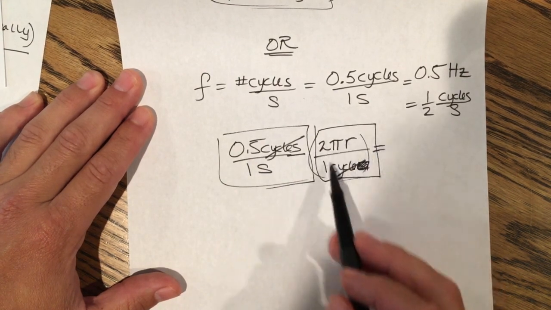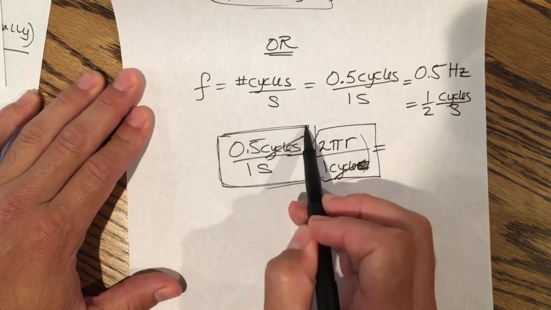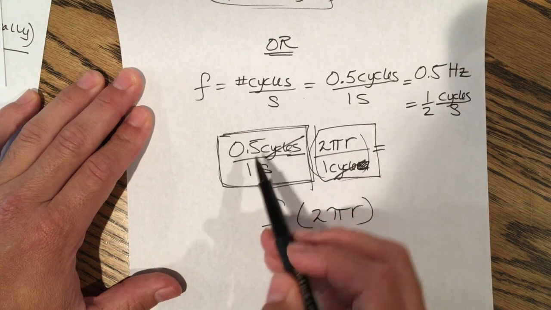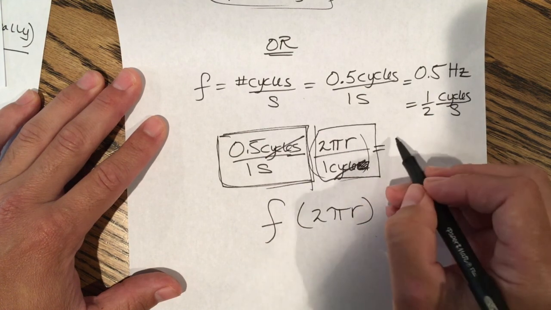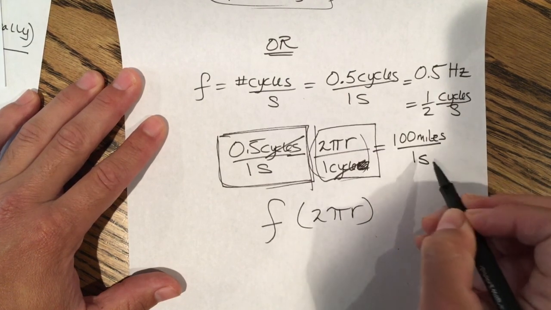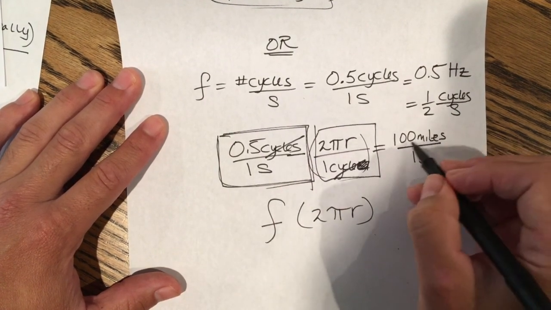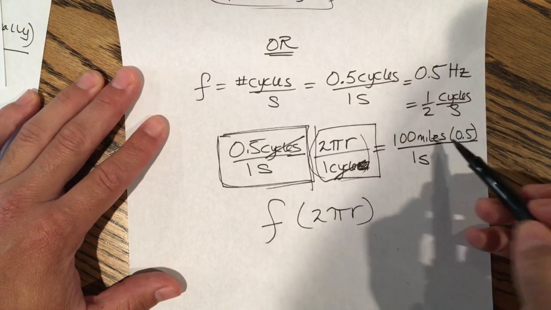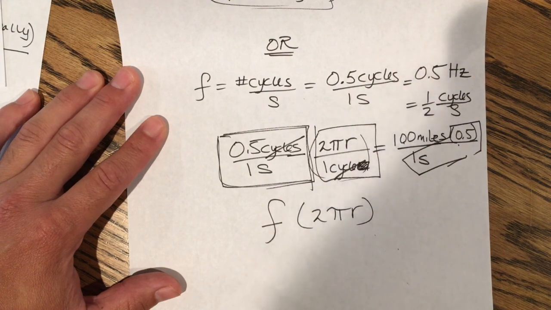So pretty much I just took the frequency and multiplied it by whatever once around the circle is, so 0.5 cycles per second times 100 miles, and I get 100 miles over 1 second times 0.5.